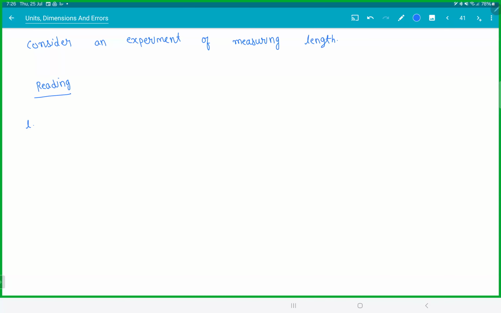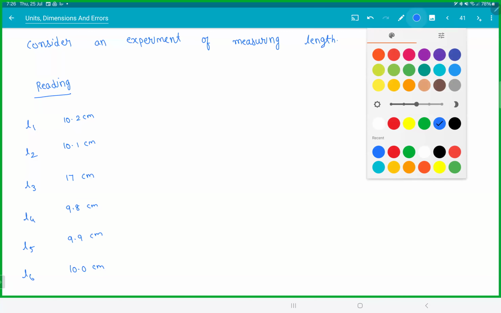Let's say you get readings like this: L1, 10.2 centimeter; L2, 10.1 centimeter; L3, 17 centimeter; L4, 9.8 centimeter; L5, 9.9 centimeter; L6, 10 centimeter. You took a scale and started measuring, and this is what you saw.